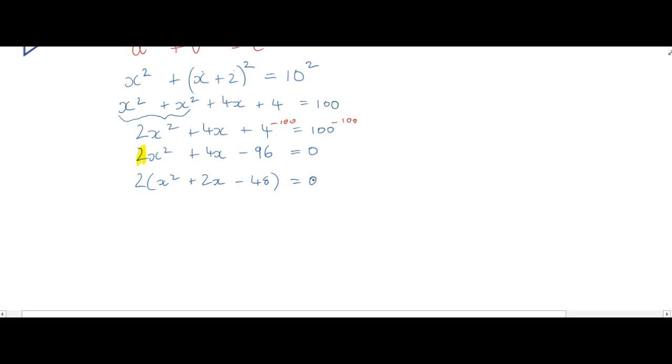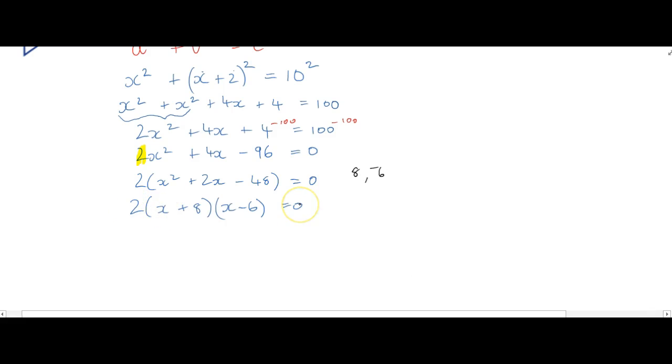So factors of negative 48 that will add up to positive 2. 8 and 6 are probably the best factors, because if you make 6 negative and add those together, you're going to get a positive 2. So let's put that into brackets.